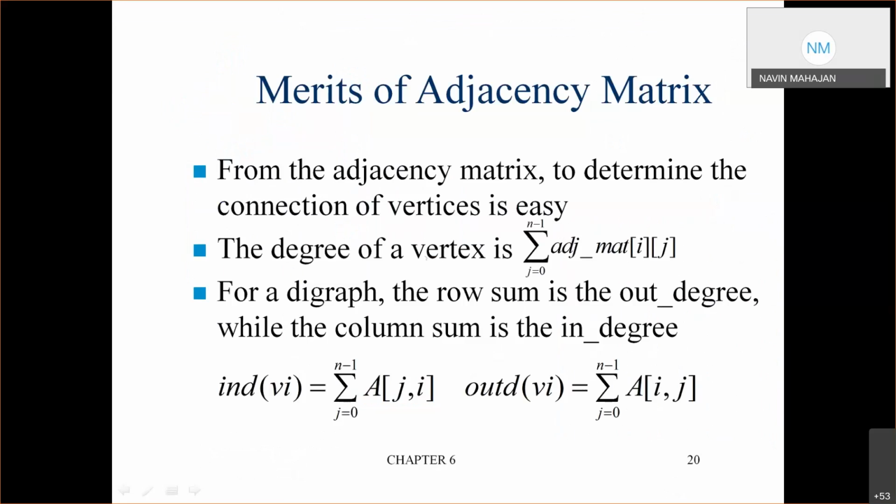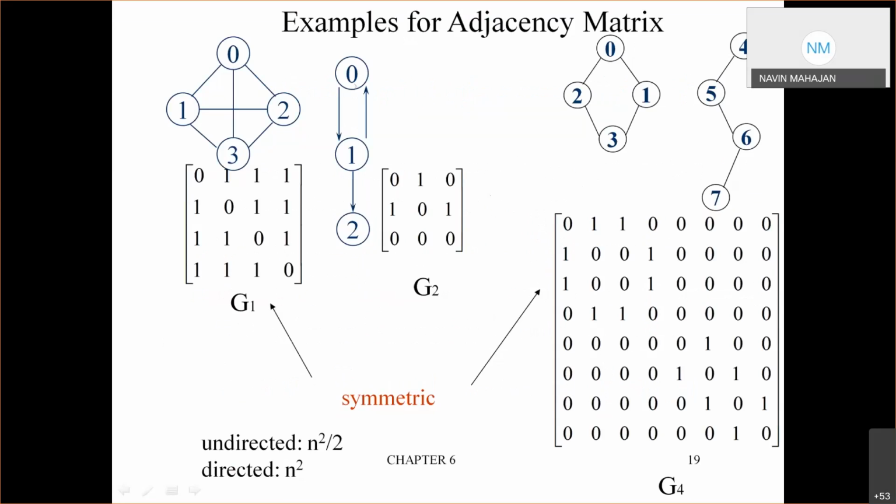The degree of a vertex is read from the adjacency matrix. For a digraph or directed graph, the row sum is the out degree, while the column sum is the in degree. Let us check again for vertex 1, its row sum and column sum.